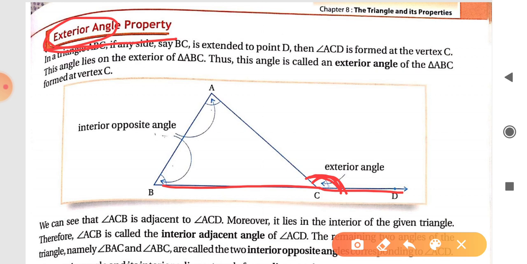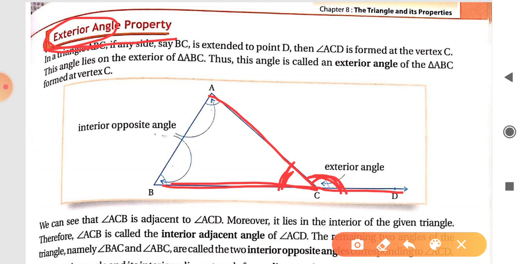And the angle that is adjacent to this angle, that is angle ACB. Angle ACB is adjacent to angle ACD. So this is known as interior adjacent angle of angle ACD, because it is in the interior region.